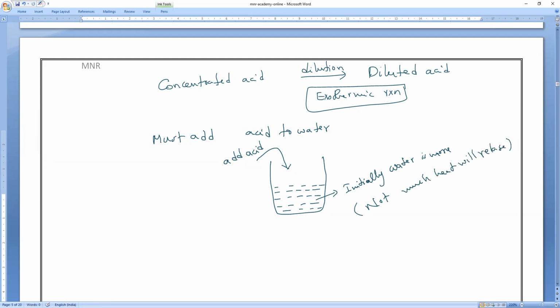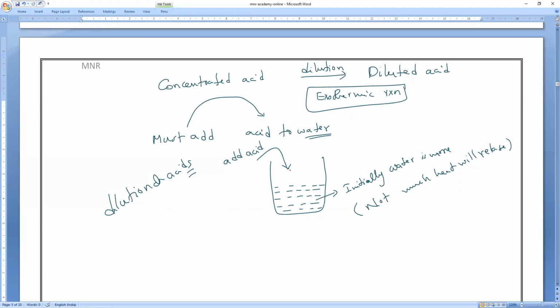When we add acid to water or water to acid, everybody. Dilution of acids, always we have to add what, guys? We must add acid to water. Understand, everybody? So what will happen?